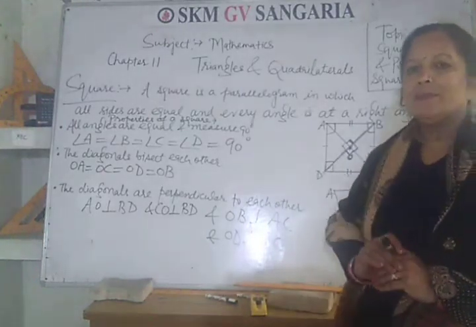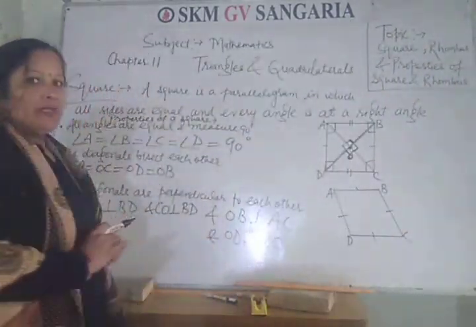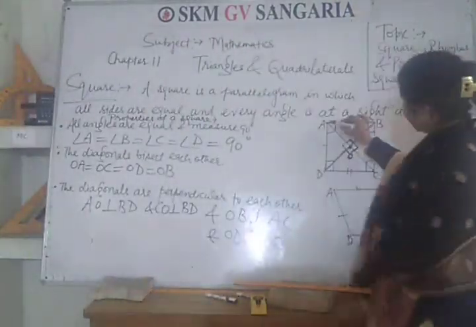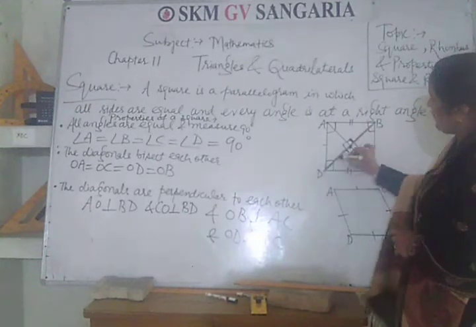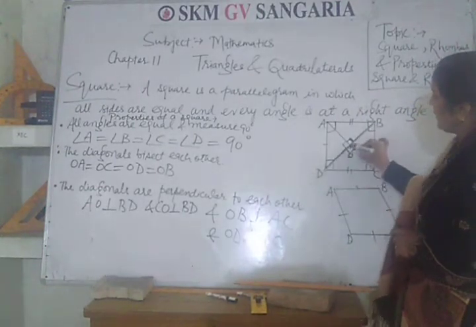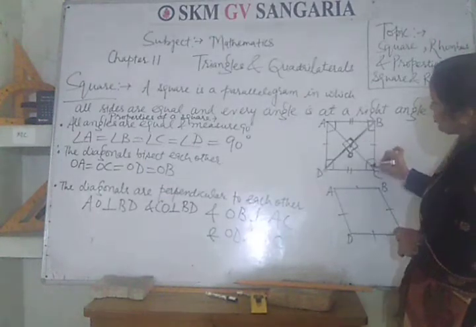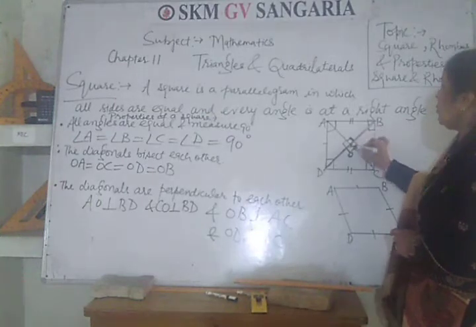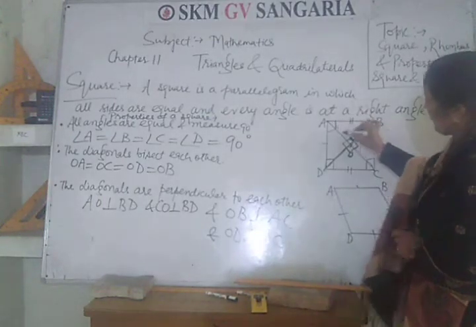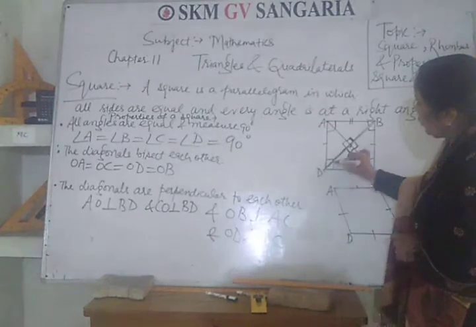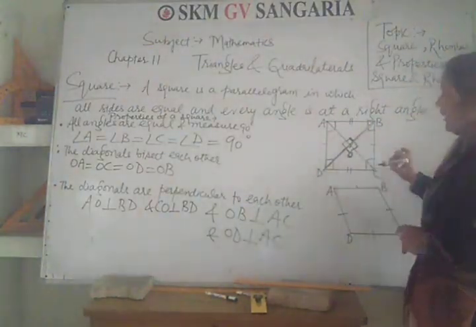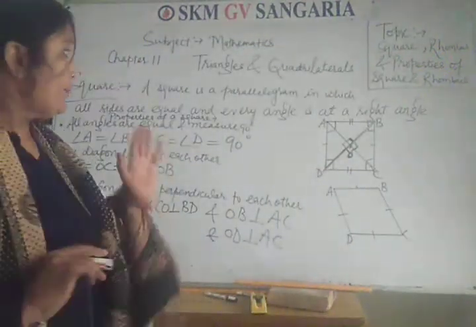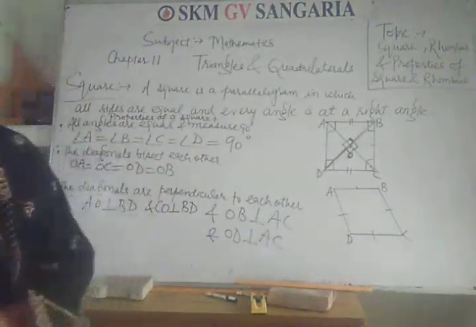The diagonals are perpendicular to each other, means AO is perpendicular to BD, OC is also perpendicular to BD, OB is perpendicular to AC, and OD is also perpendicular to AC. Please note down all the properties of a square.